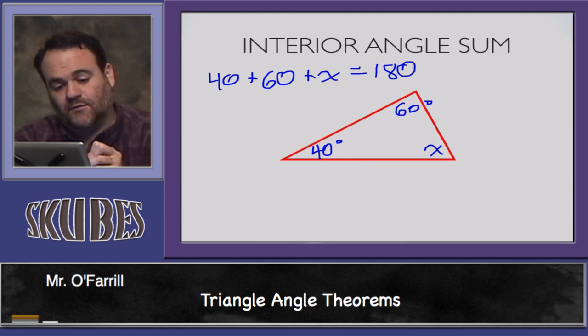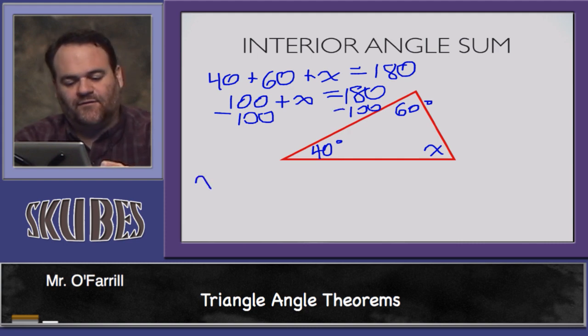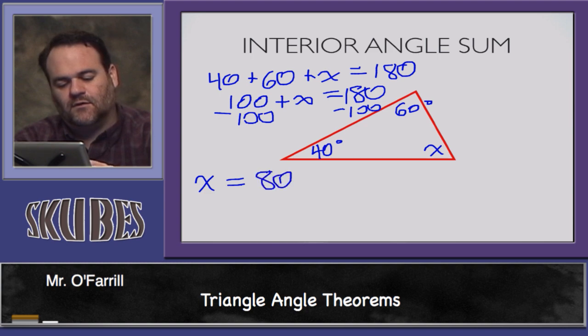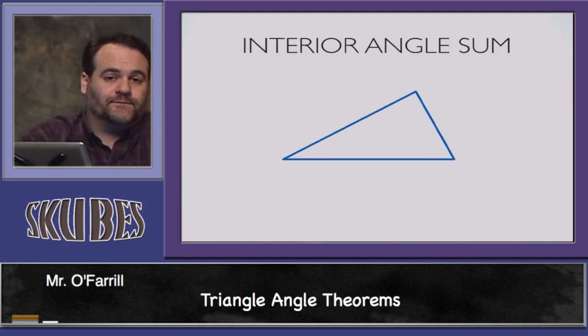Combine like terms. 100 plus x equals 180. Subtract 100 from either side, and we find that x equals 80 degrees. Fairly simple, I think. So let's move on and do another triangle.